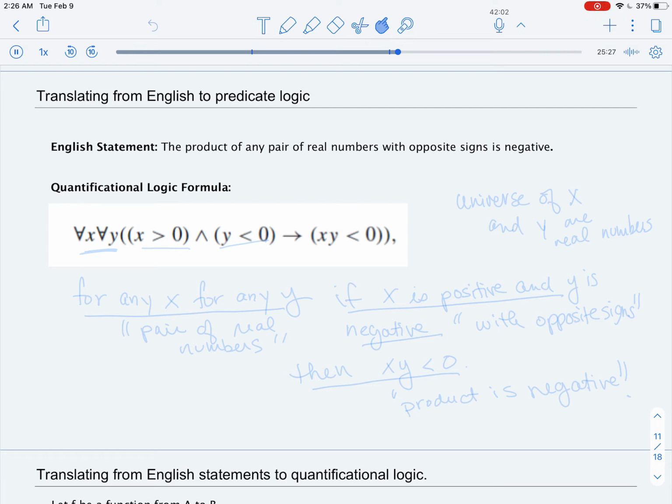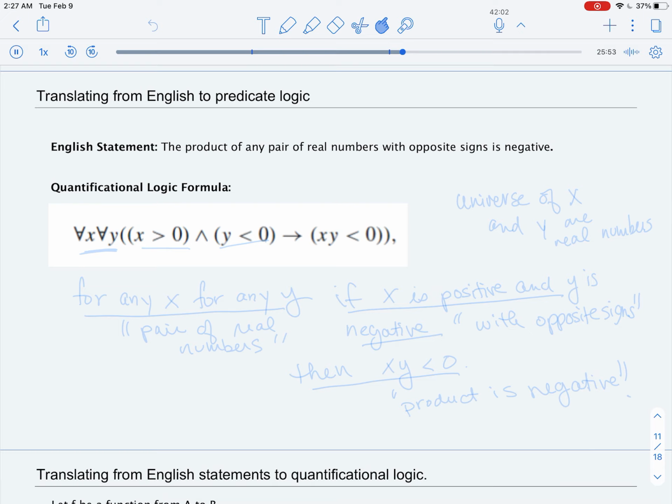Now, any pair of real numbers. Some of the challenge we have when we're translating between first order logic and English is avoiding awkward translations, which are the literal translations of the formulas. But for right now, I'm going to do that just to show the relation to the more natural English phrase.